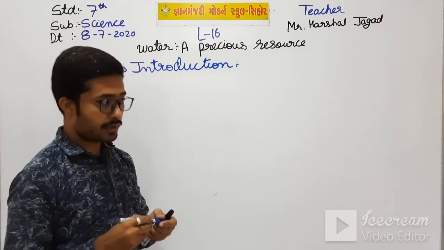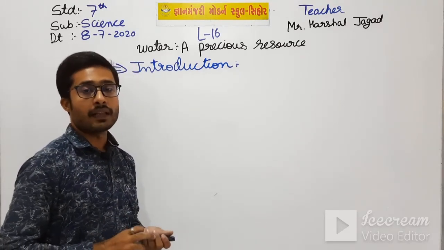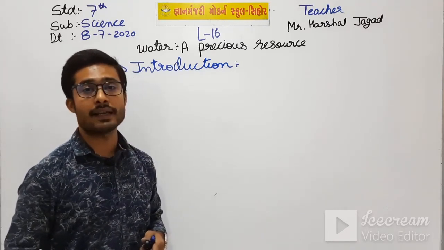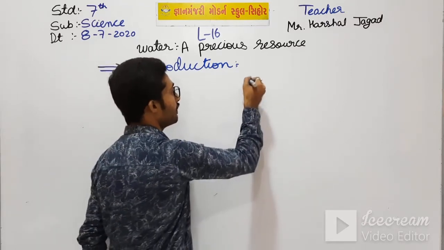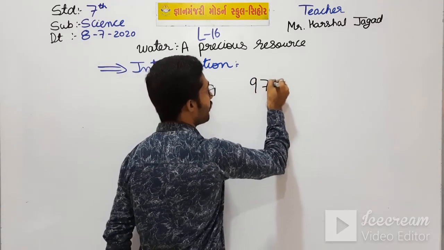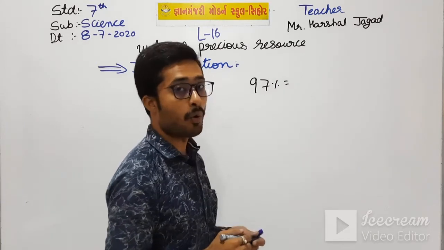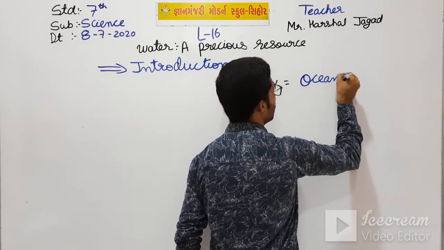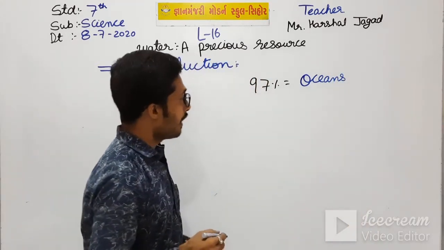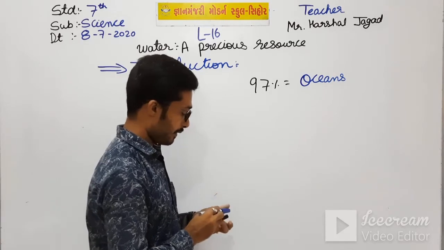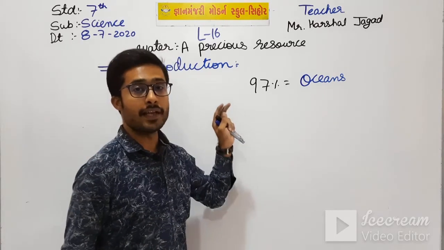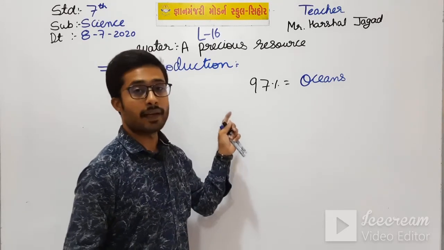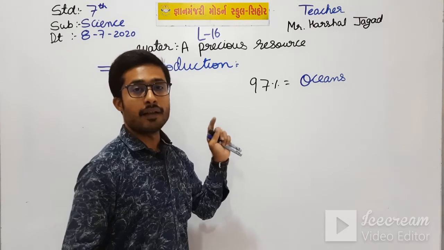So, in the introduction, we have seen that about 97% of water is in the oceans, and it cannot be used in our daily life, because it is salty in nature.